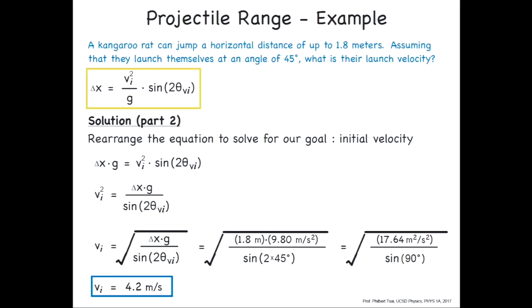And then I'm going to divide the sine 2 theta on both sides, so this is now over sine 2 theta, and that leaves vi squared by itself. Take the square root of it. And we're going to plug in numbers now. Theta was 45 degrees. We get this answer. Actually, in this case, we get one answer.